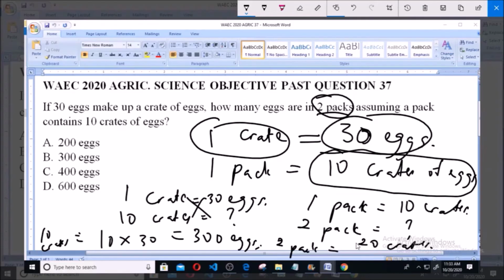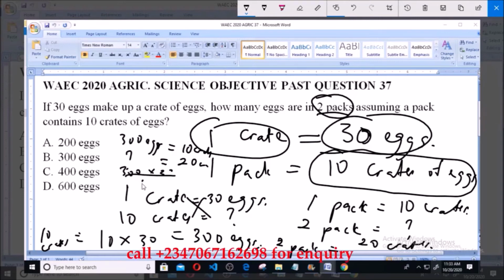If you have 300 eggs in 10 crates, how many eggs will you have in 20 crates? That will be 300 times 20 divided by 10. If you do this, you get 600 eggs. So option D, 600 eggs, is the number of eggs you have in 2 packs using the data given to us.